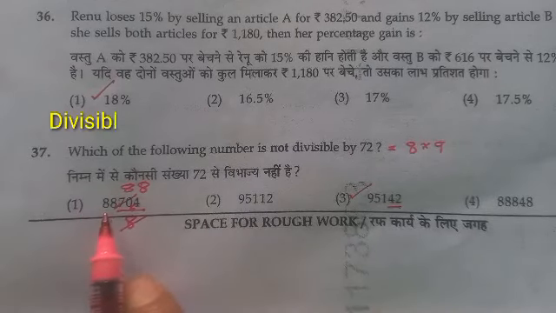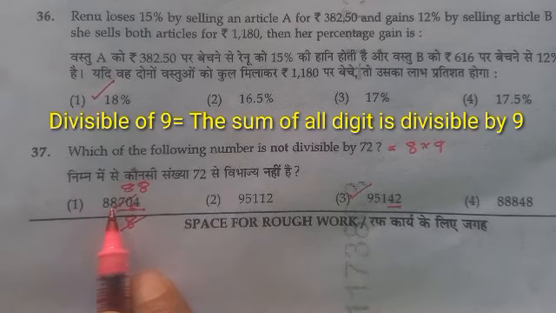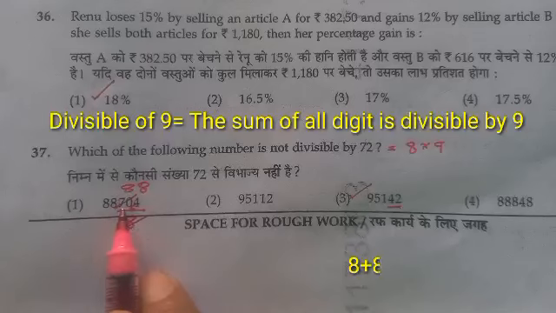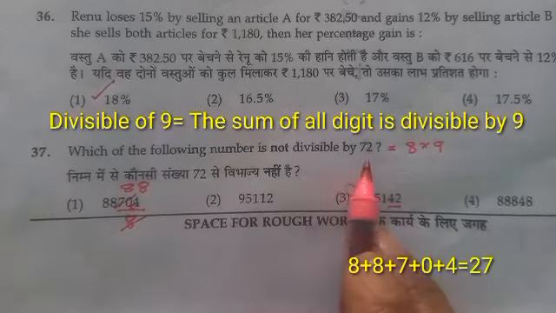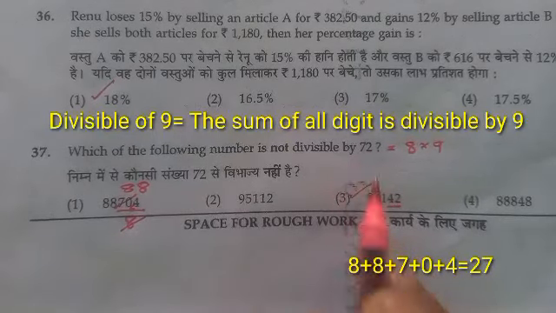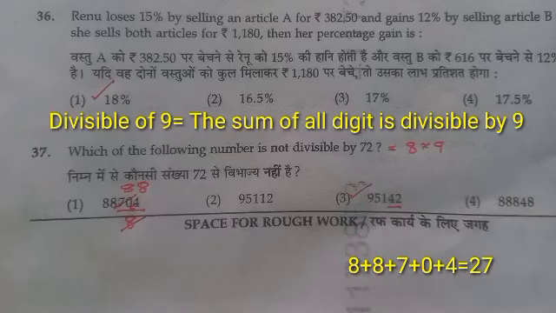Divisibility test by 9 is the sum of all digits. 8 plus 8, 16 plus 7, 23 plus 4 is 27. 27 is divided by 9. So it is also divided by 8 and 9, that is it is divisible by 72. Check second, third and fourth.